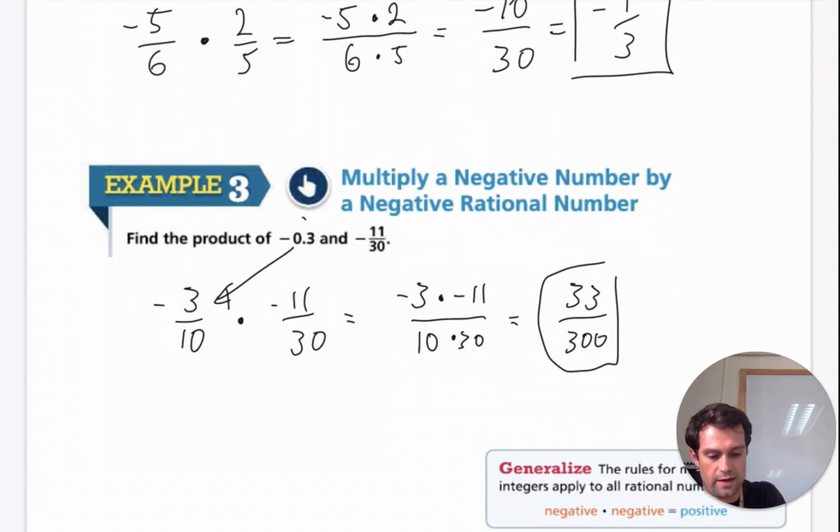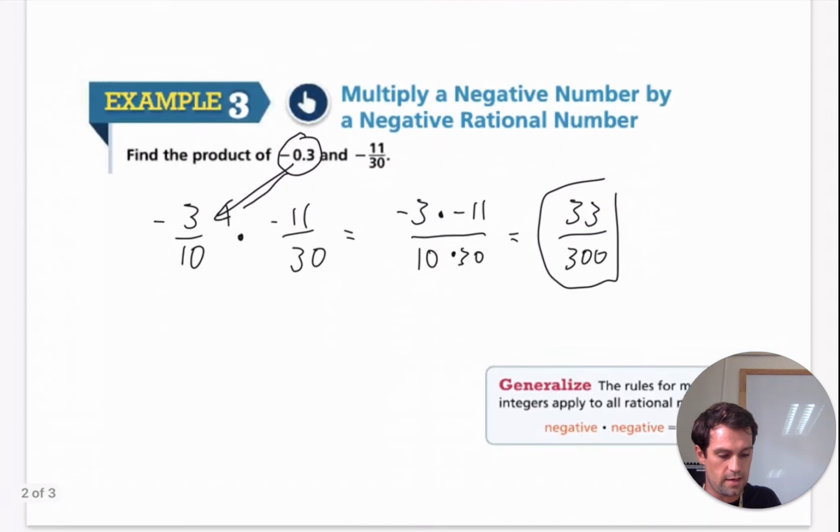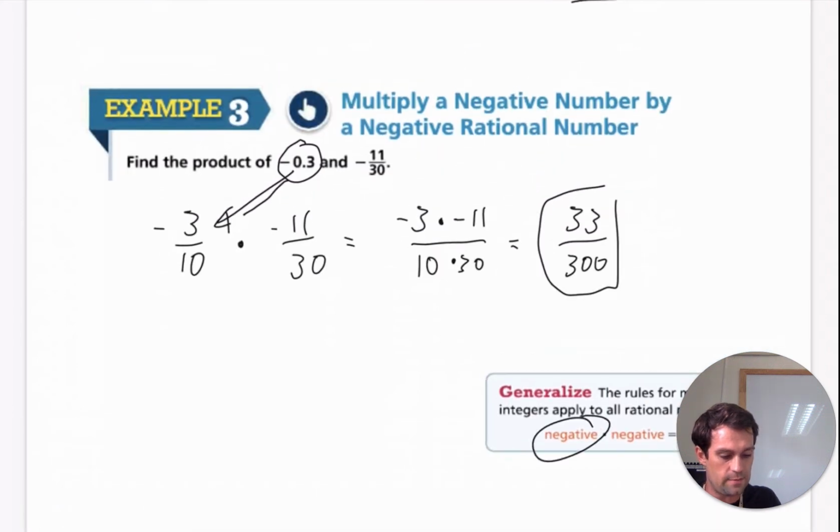You want to identify which one is easier. We can see that it is easier as a fraction because 11 over 30 is a repeating decimal. It keeps on going. So we'll just leave it at that. You want to convert it to a fraction. All right, so the general rule: a negative times a negative gives us a positive.